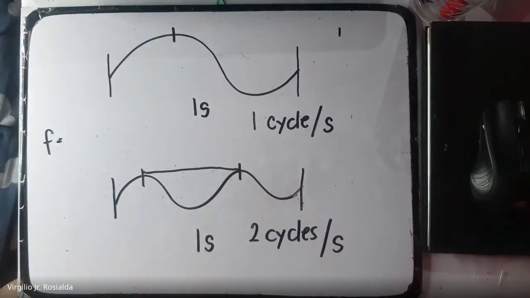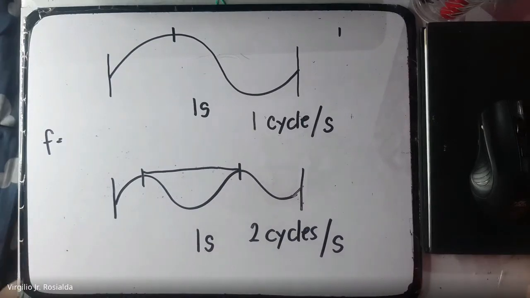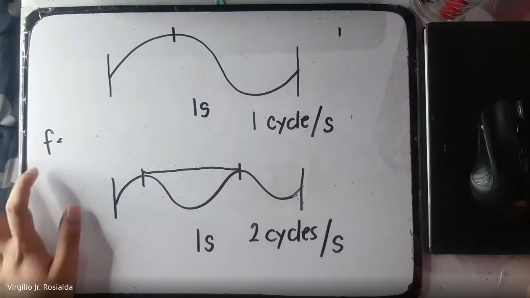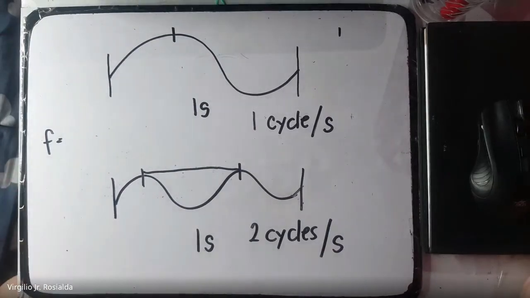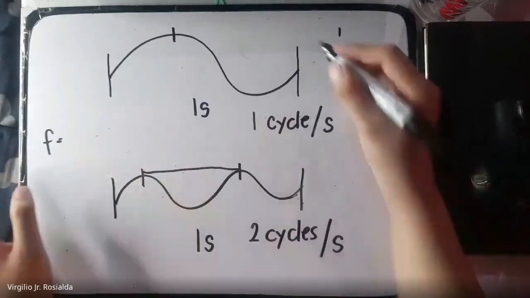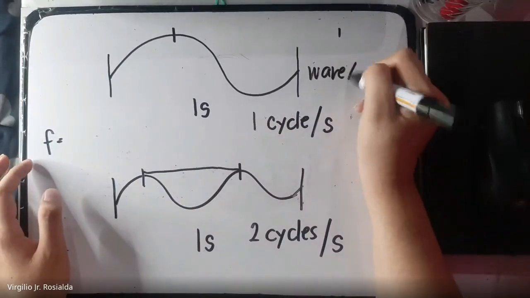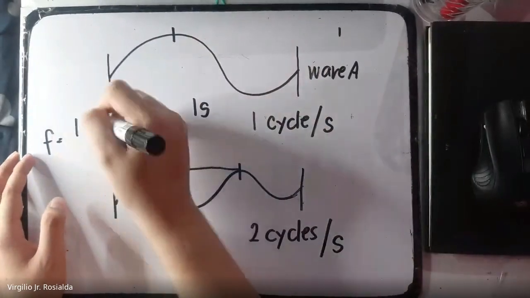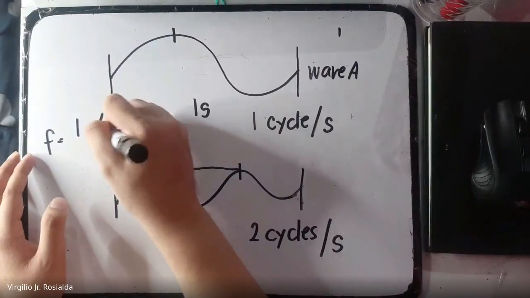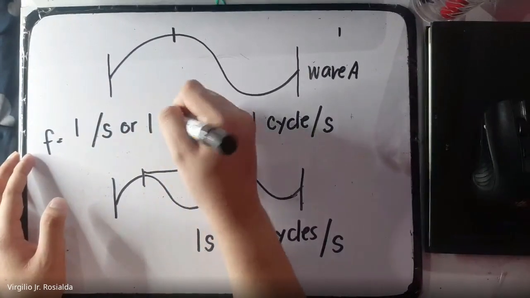So, if we're going to define frequency, that is the number of cycles of a wave divided by a certain period of time. Just second nga yung ginagamit natin normally kapag kumukuha tayo ng frequency. So technically, the frequency of this particular wave A is 1 cycle per second or simply 1 hertz.